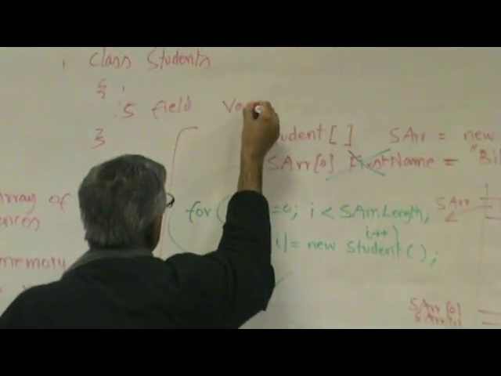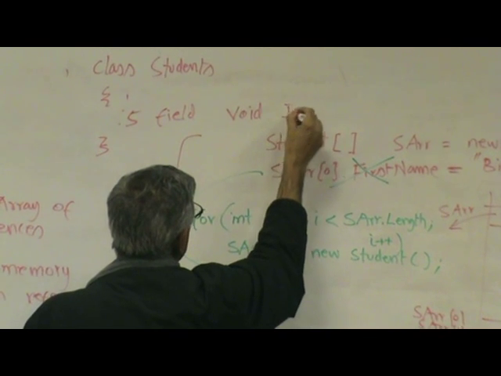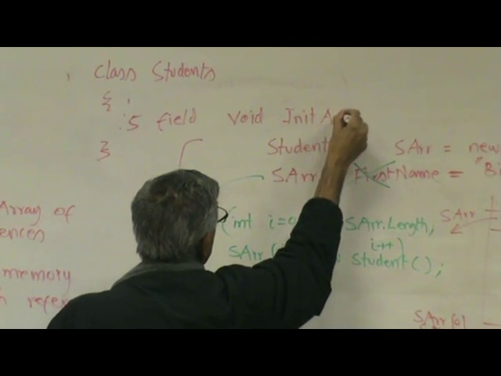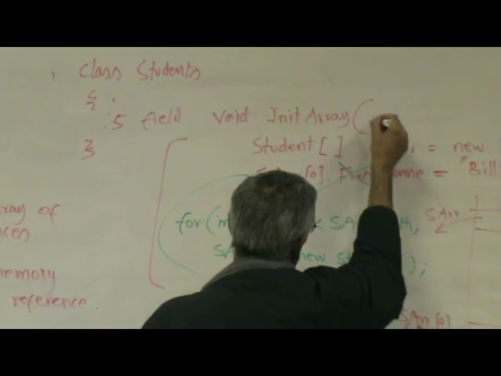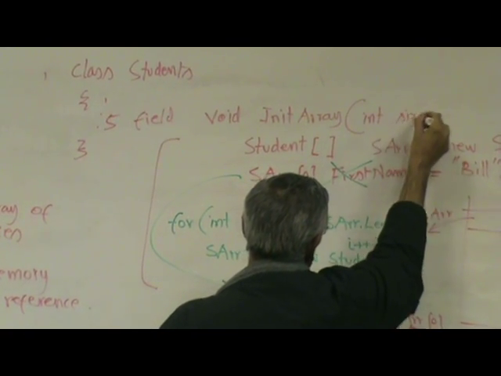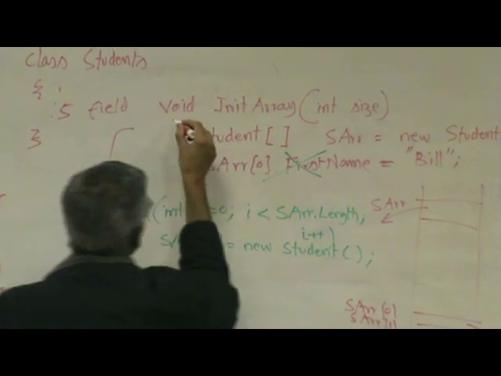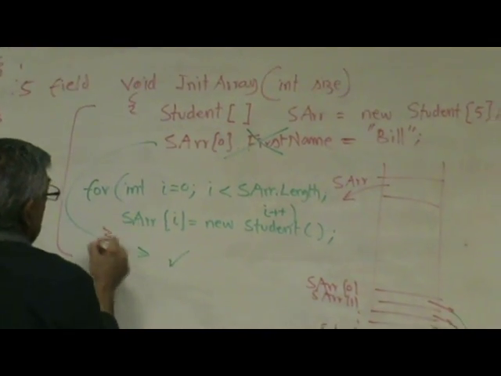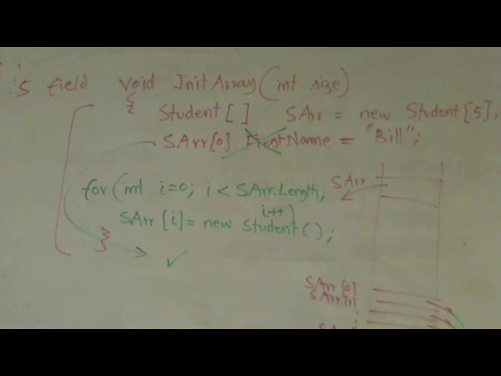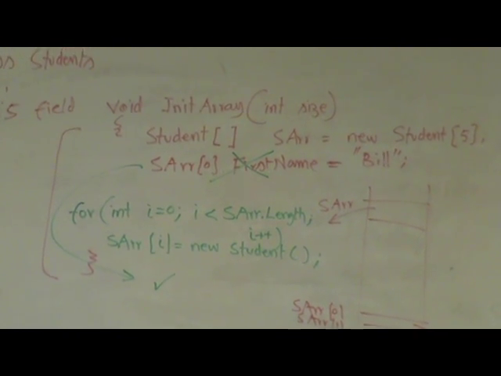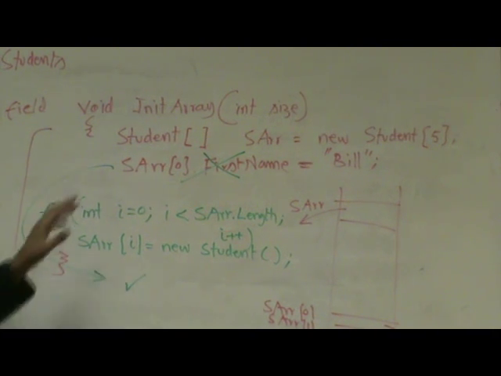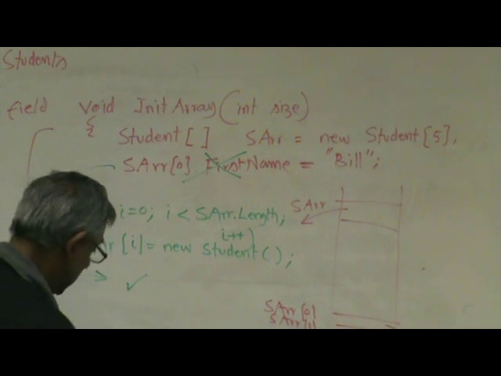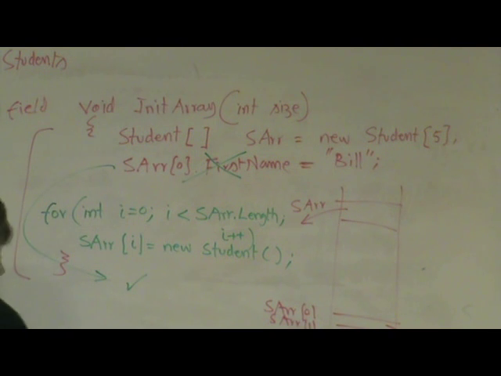Suppose we wanted to call this method void init array, and int size. So we wanted to pass it a size, and it will create the array, right? Okay, so now if we take a look over here, how will we change this code? So if I clean it up a little bit.